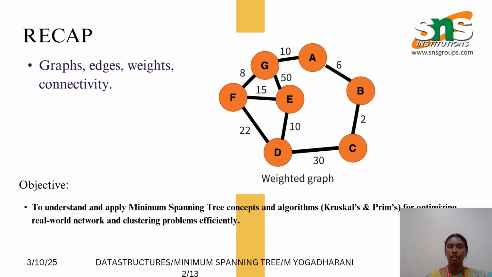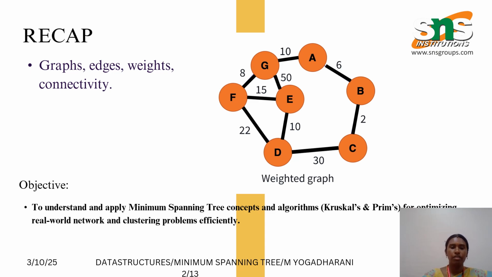So as I already taught you, a graph must contain vertices and edges. Edges are the ones which connect two vertices, and the weights or the cost between the two vertices, and the types of graphs such as directed graph, undirected graph, weighted graph, and then what is a cyclic graph, what is biconnectivity.